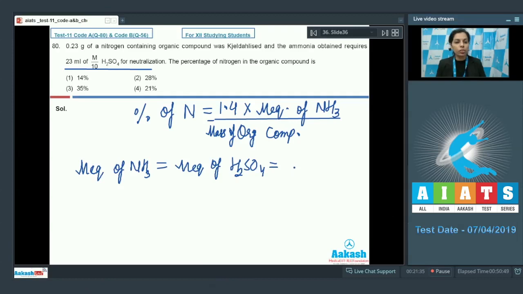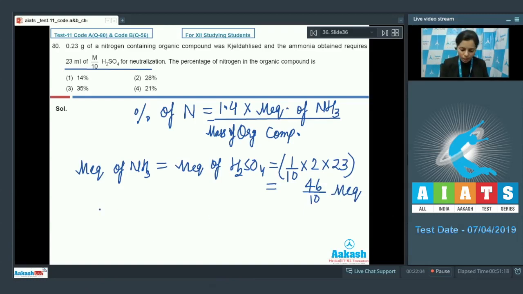So volume we have 23 ml, and molarity we have here 1 by 10. Just multiply n factor for H2SO4, that is 2, and multiply 23. So this is the calculation of milli equivalents of H2SO4. So simply we can write here 2 into 23. That can simply be written as 46 by 10 milli equivalents of ammonia you have.